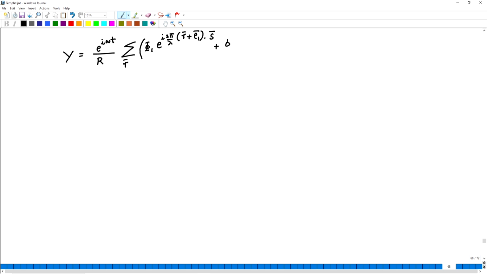Second term, phi 2 e to power i 2 pi upon lambda r plus rho 2 dot S, and so on all the way to m terms.